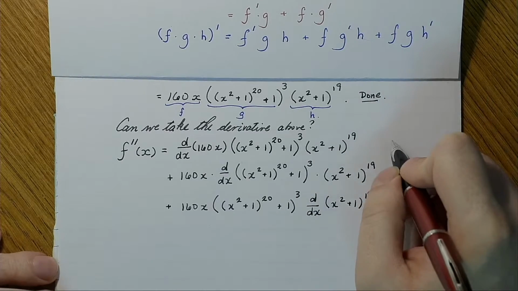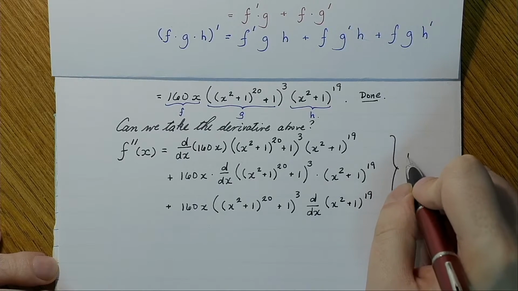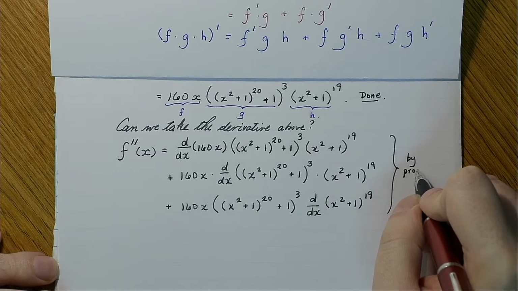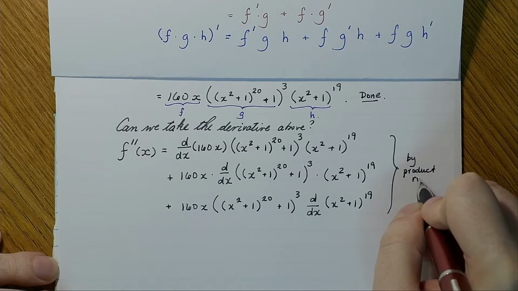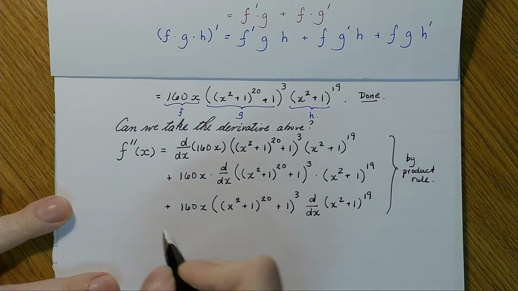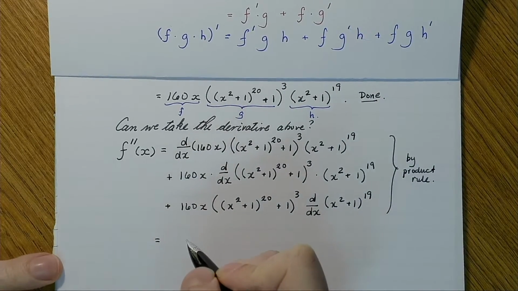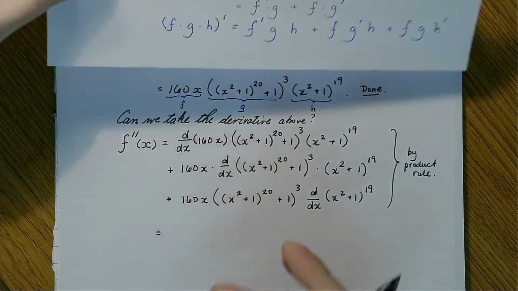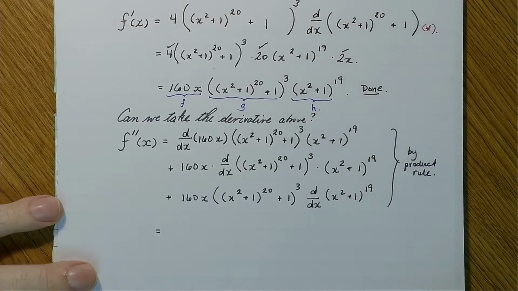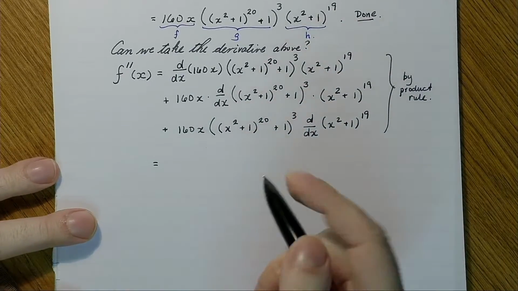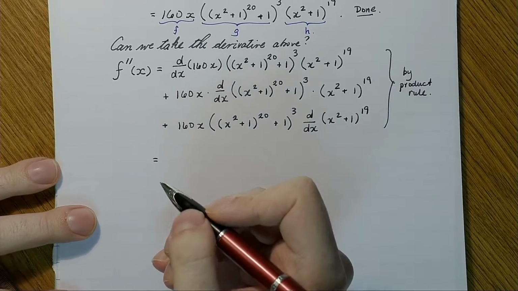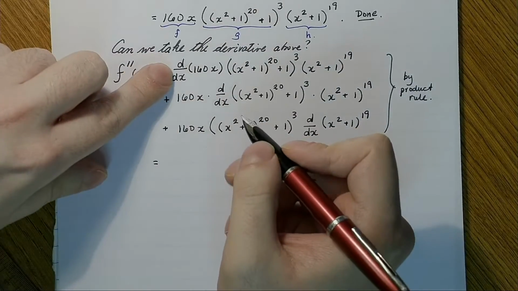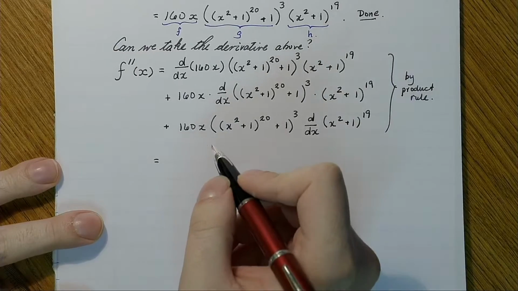So what have I done here? This is by the product rule. Okay, equals. So I don't have to worry about that anymore. Taking the derivative of that is easy now, right?